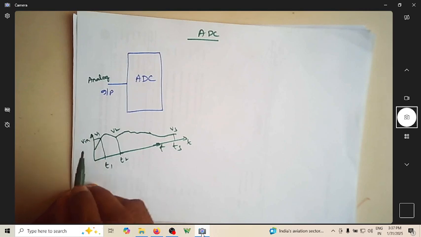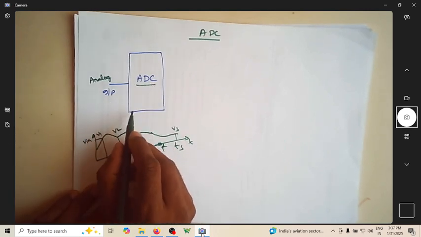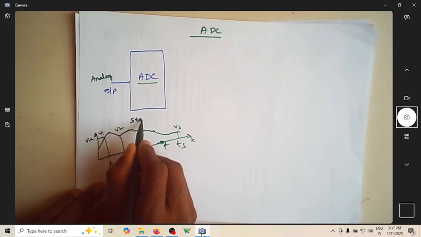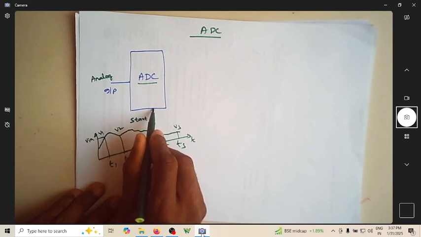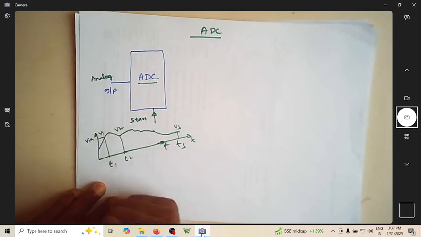For that, this ADC requires an input called start. So when to start the conversion: start is an input that is to be given to the ADC to initiate the conversion.